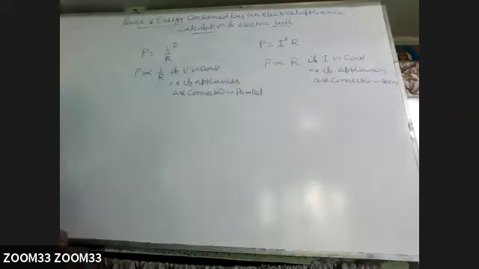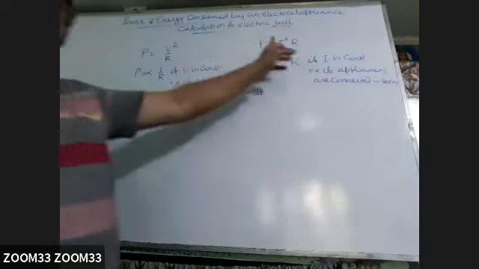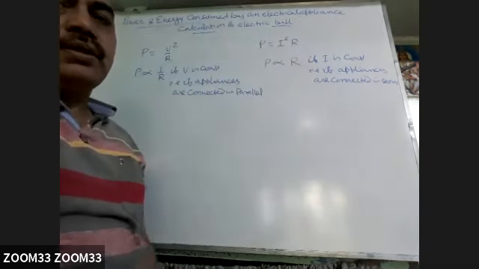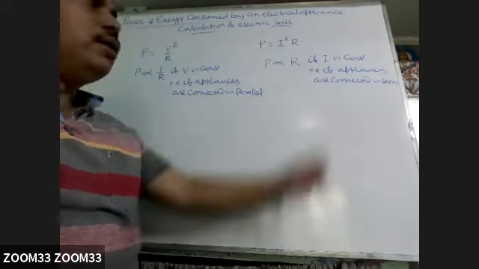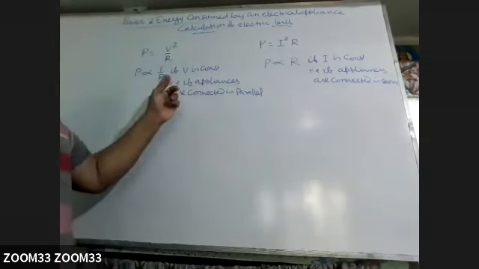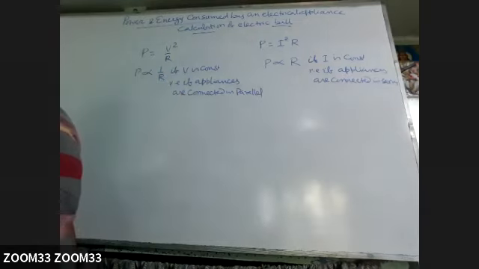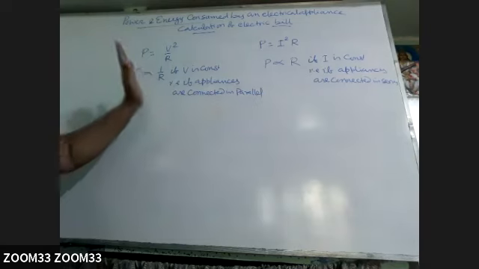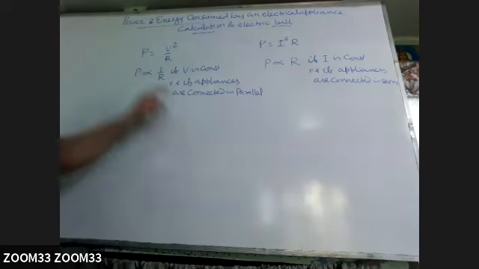When appliances are connected in series, then power of that appliance will be more whose resistance is more. That is, energy consumption will be more whose resistance is more. But here it is the reverse. If the appliances are connected in parallel, then power consumption of that appliance will be more whose resistance is less.